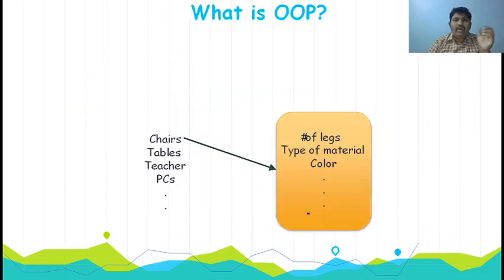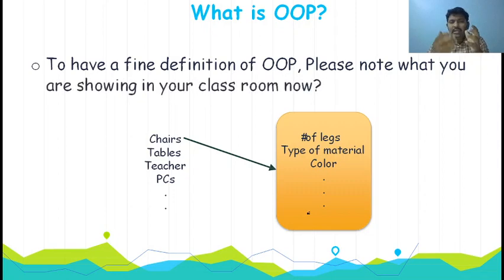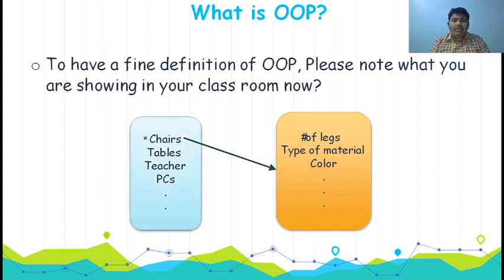So what is OOP? That means object-oriented programming. Before that, we need to know about the objects which are available in our life. For example, in a classroom, the objects we have are chairs, tables, teacher, personal computers.